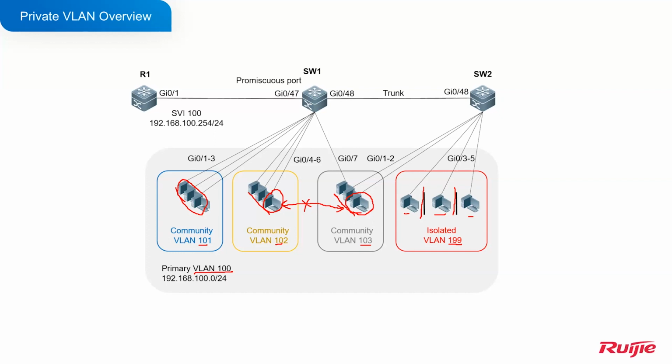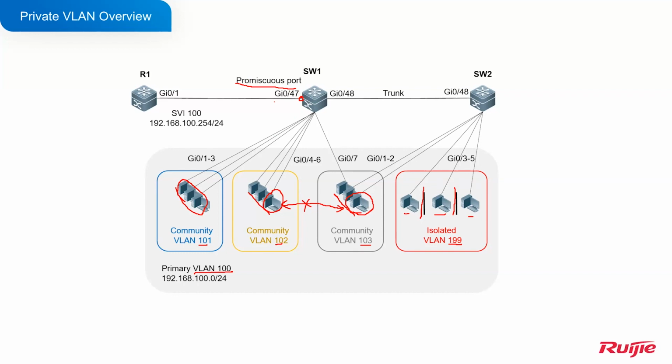This is the working principle of the private VLAN. In this way, we can solve the problem that after enabling the ARP proxy, super VLAN cannot isolate the communications. At the same time, you can see this port is the promiscuous port.